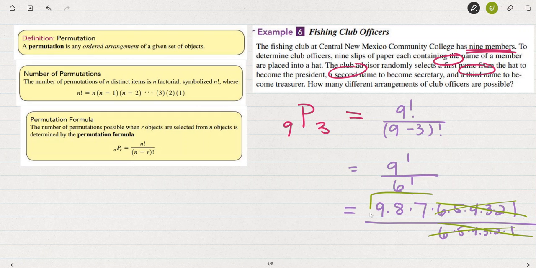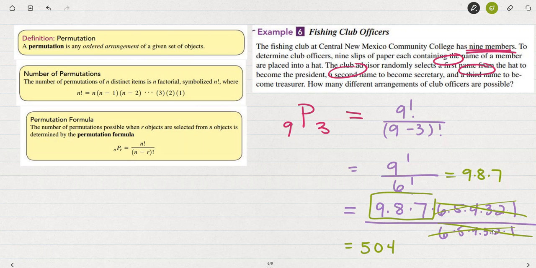So what I'm left with is 9 times 8 times 7. And if I put that on a calculator, I could get the final result. 9 times 8 times 7 is coming to 504. So there are 504 different permutations we can make.